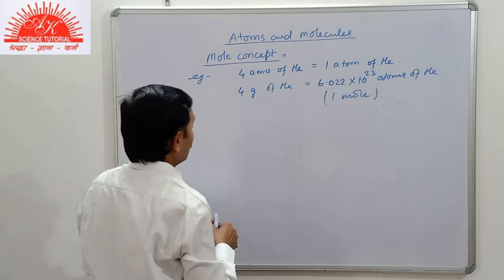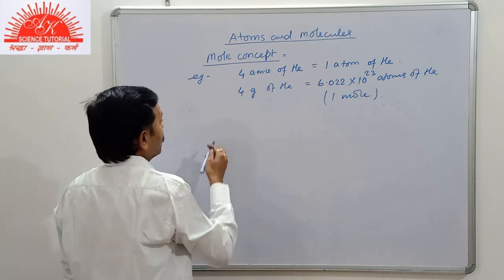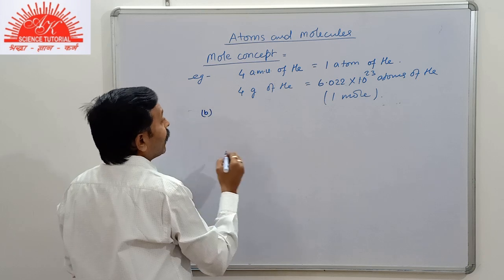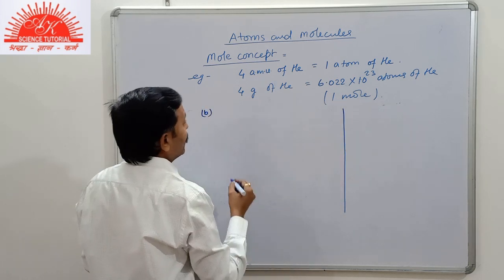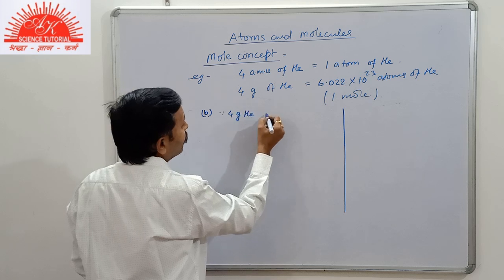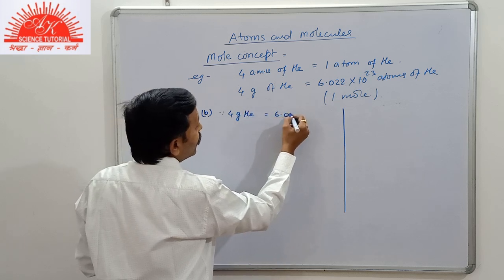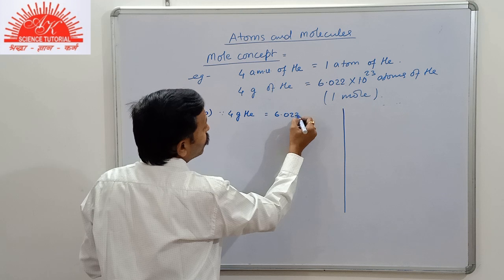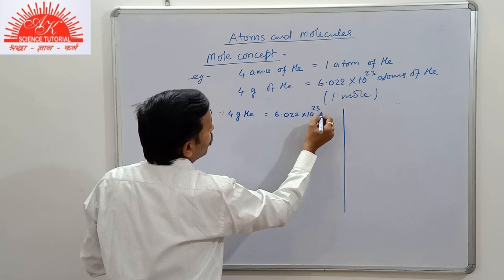So for the second part, we can find it out in two ways. First, since 4 gram helium is equal to 6.022 into 10 to the power 23 atoms.